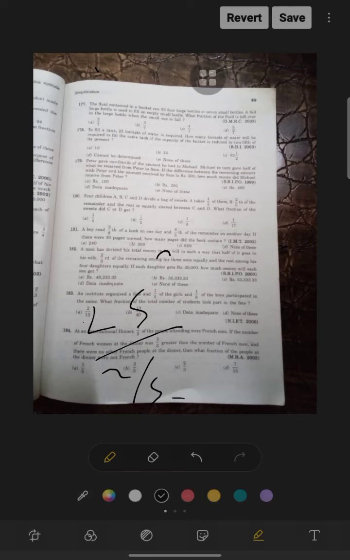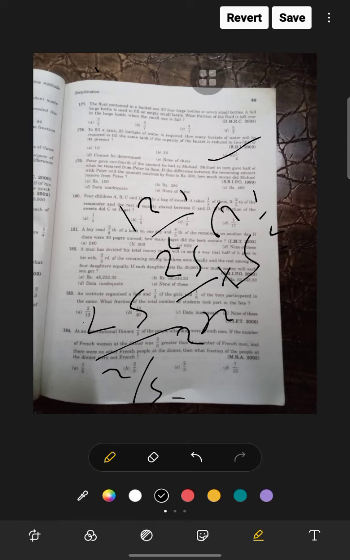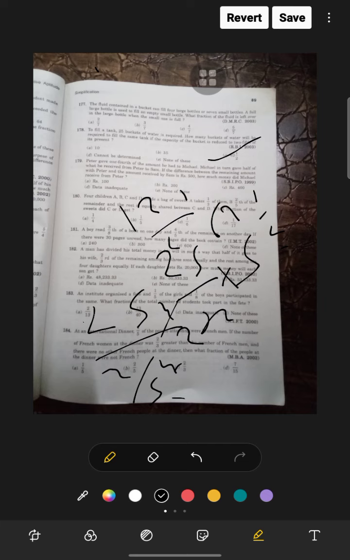So 25 upon 2 by 5, so it will be 125 upon 2, so 62 and a half. Simple. Total capacity is 25 buckets and we are filling the same tank; the capacity of the bucket is reduced to 2 by 5, so 25x is divided by 2 by 5, the x's cancel, and 62 and a half is the answer.